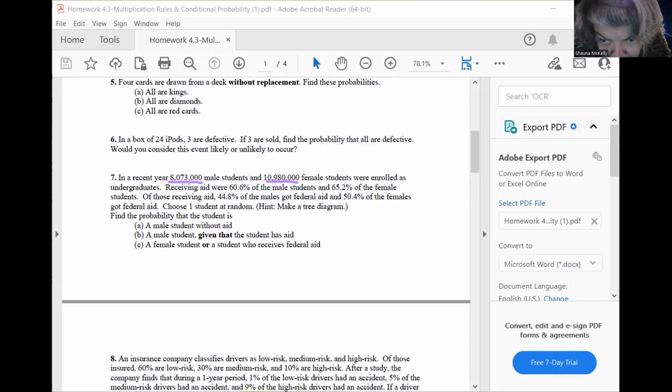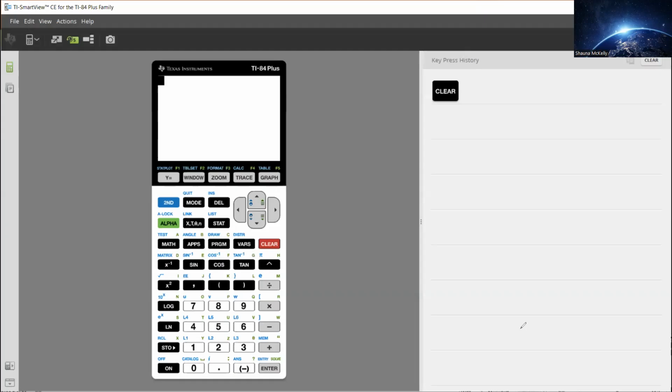So what I'm going to do now is clear the calculator screen and make sure that I'm sharing the calculator here. I have this on a piece of paper next to me, the two numbers that I needed.